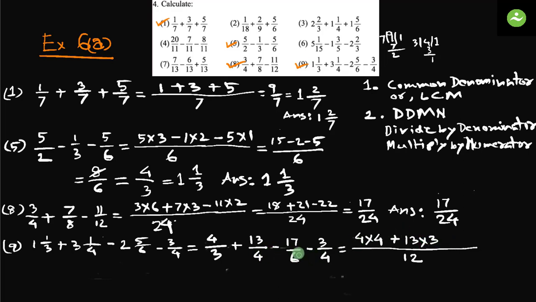minus 17 into 2 minus 3 into 3 equals to 16 plus 39 minus 34 minus 9, over 12.